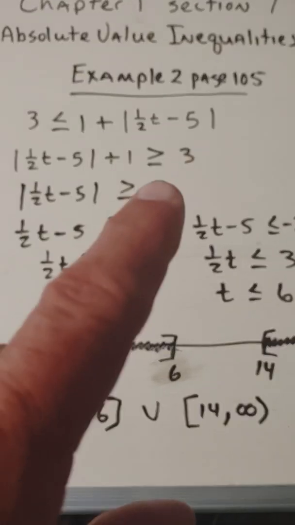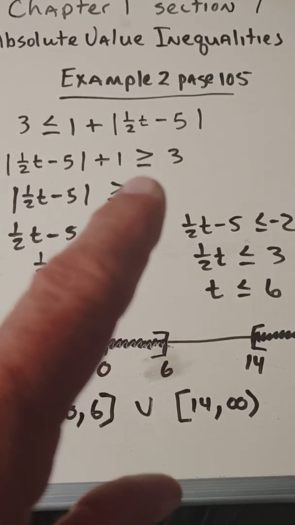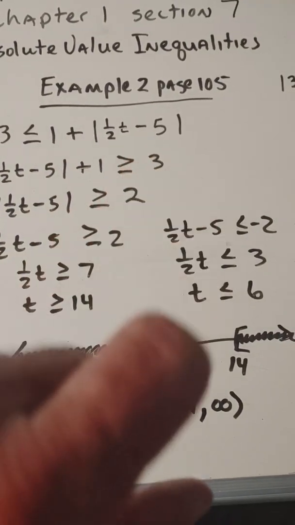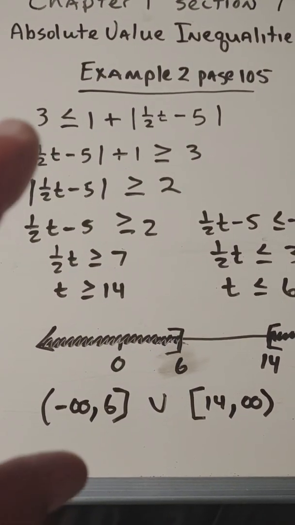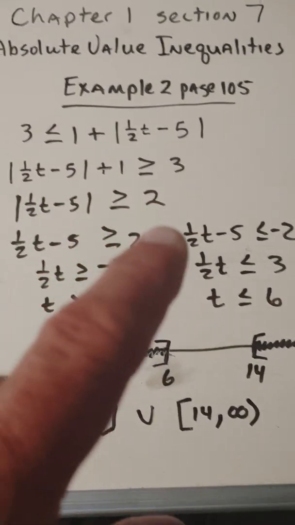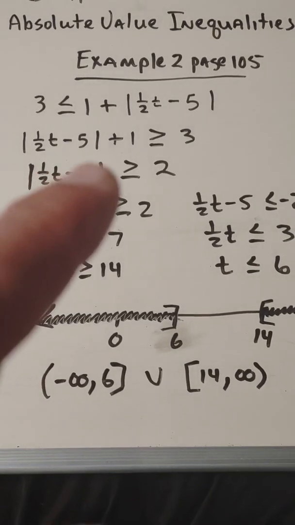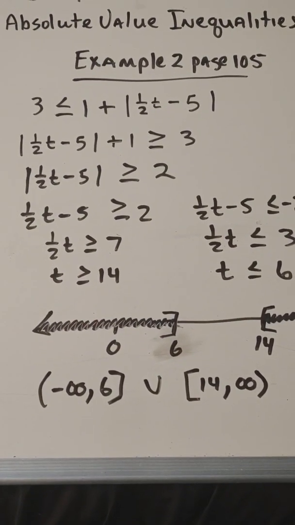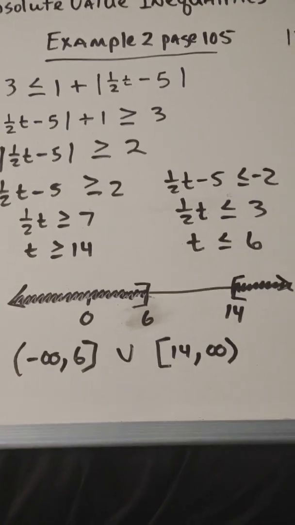When I flip them, I have to change the inequality sign. So I took the 1 plus absolute value of 1/2 t minus 5, placed it on the left, put the 3 on the right. Got to flip it from less than or equal to greater than or equal to. Subtract the 1. We get absolute value of 1/2 t minus 5 is greater than or equal to 2.